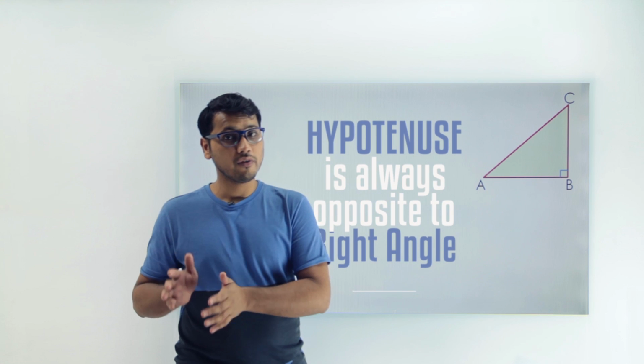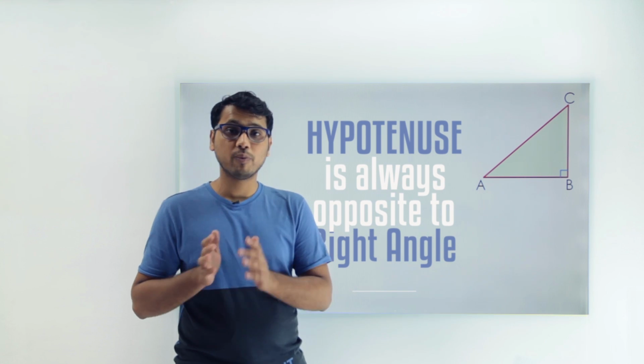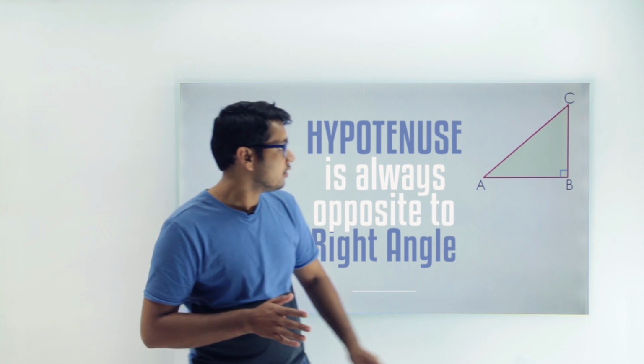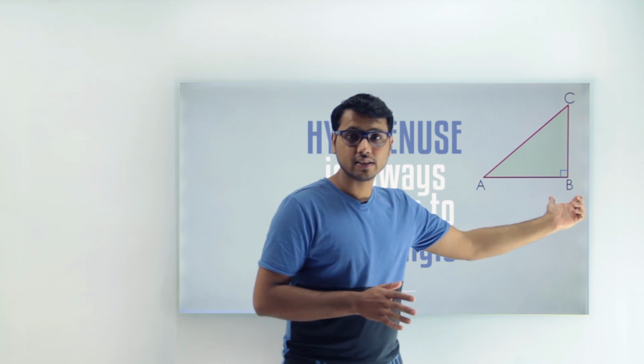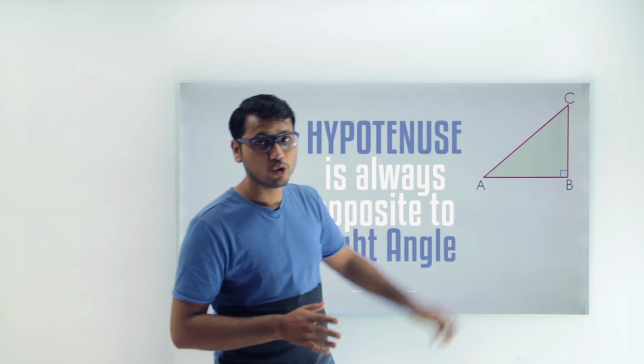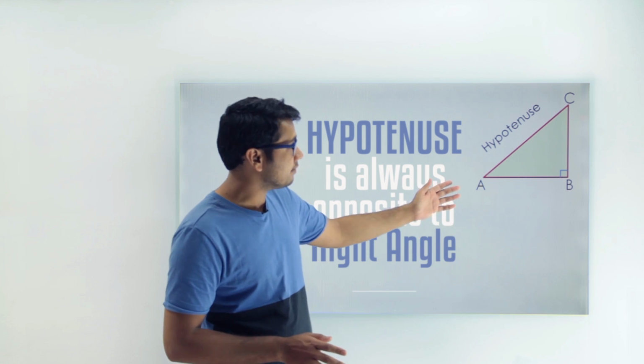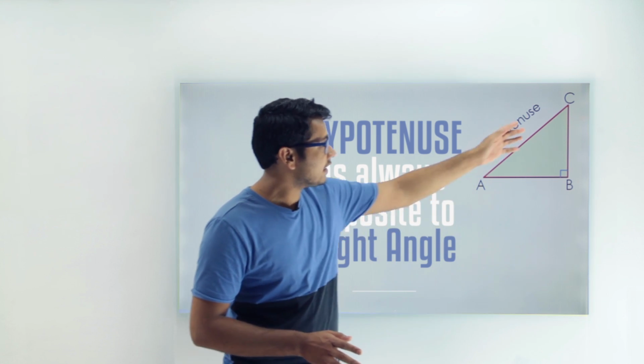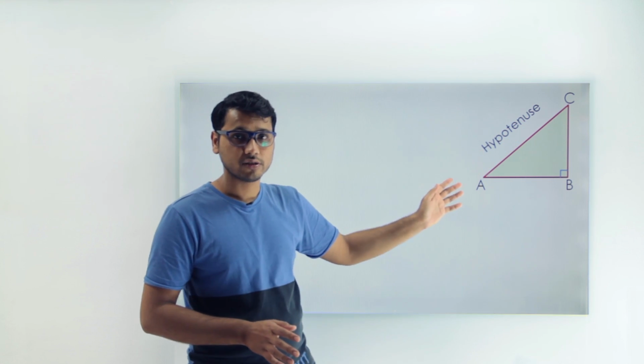Hypotenuse is always the side opposite to the right angle. So since angle B is the right angle, the side opposite to it will be AC. So we'll say that AC will be the hypotenuse.